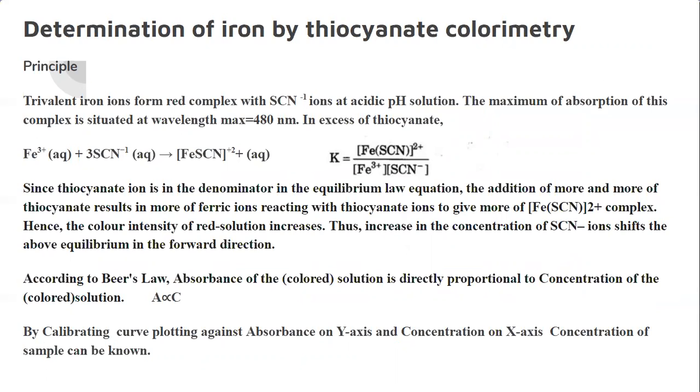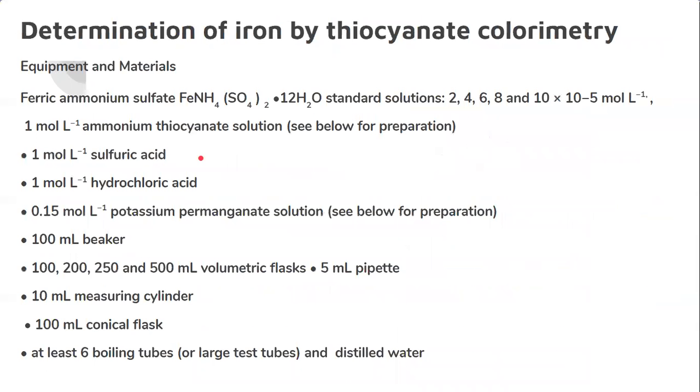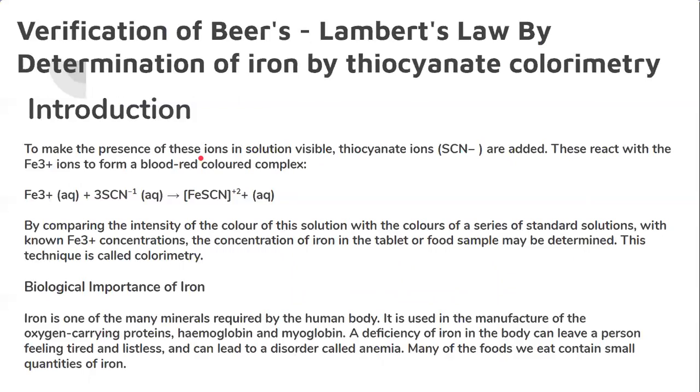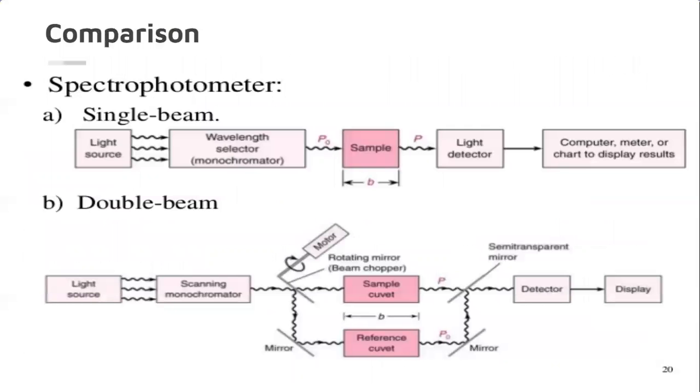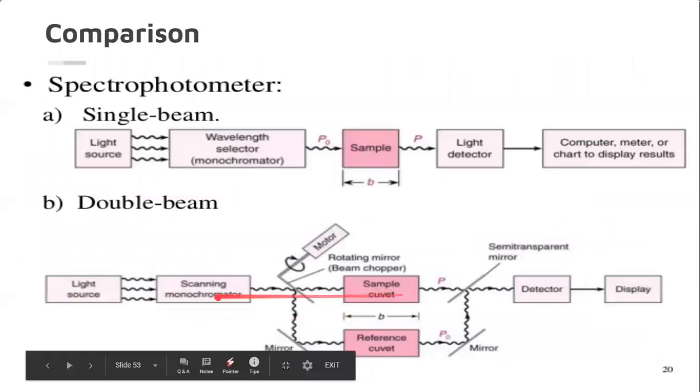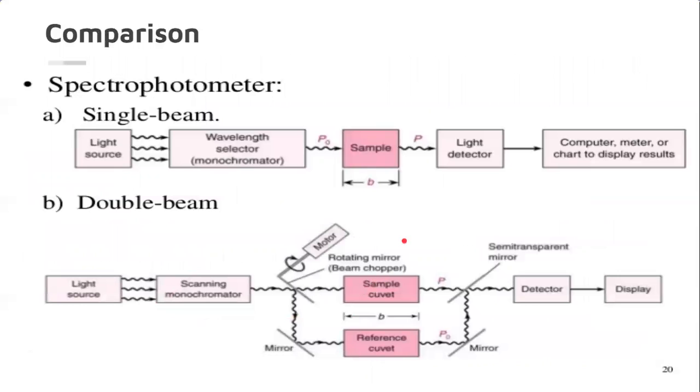How much chromium or manganese is present in that steel alloy is identified using a spectrophotometer. Using a double beam spectrophotometer, we will estimate the amount of chromium as well as manganese present in the steel sample.